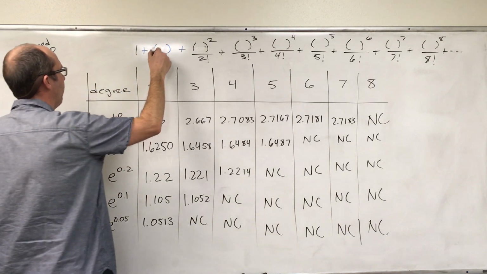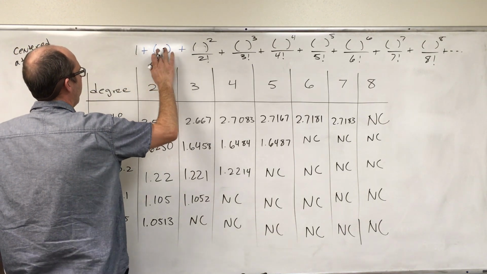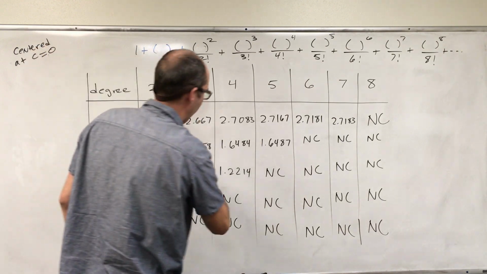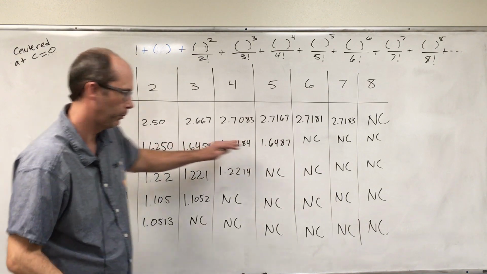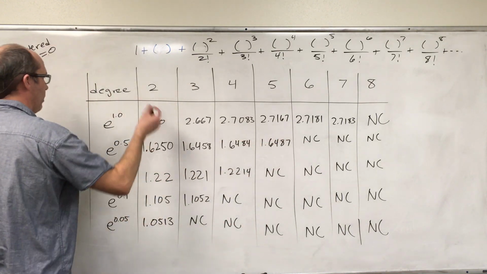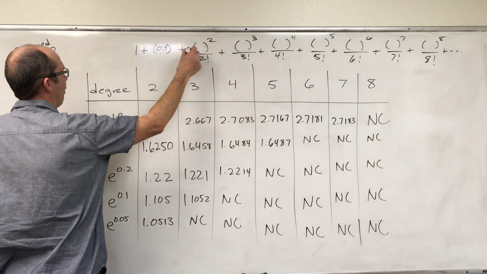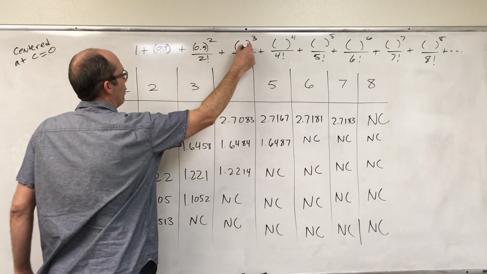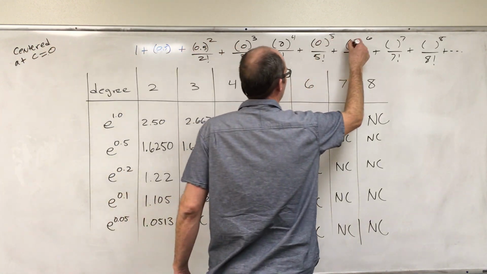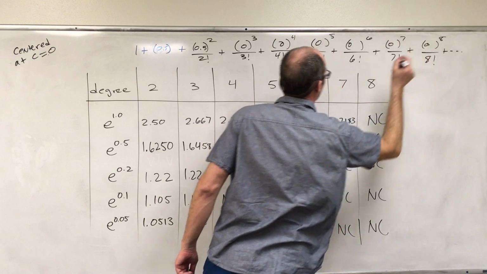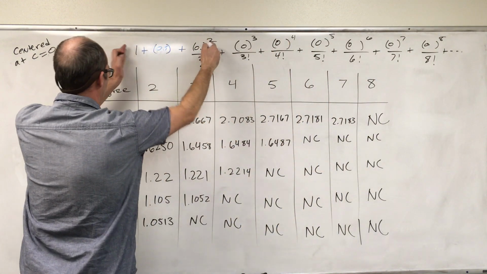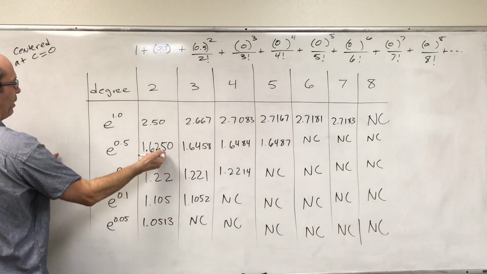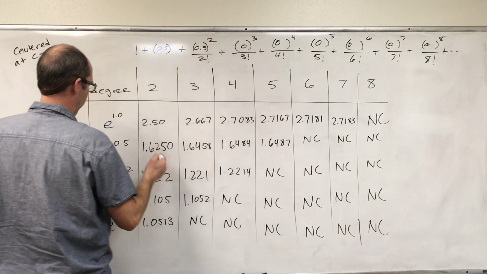This one's already done for you in the table. So let's say I was going to figure out this row here. You put in 0.5, and that'll tell you your approximation up to degree 2. That number is that right there. This number is that right there.